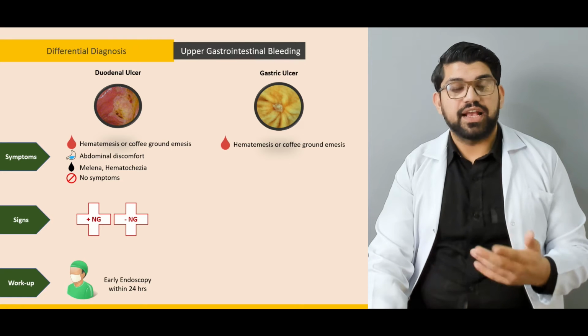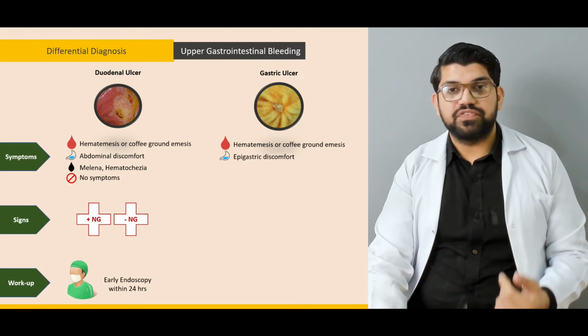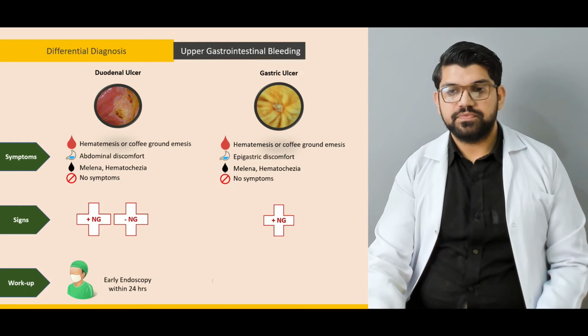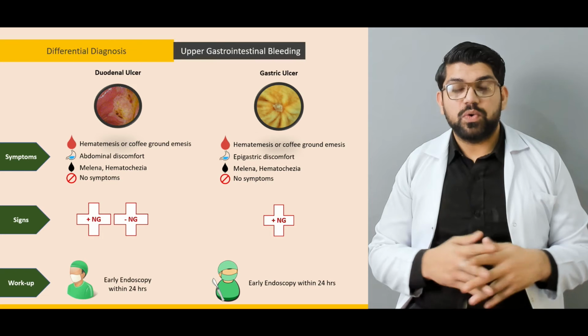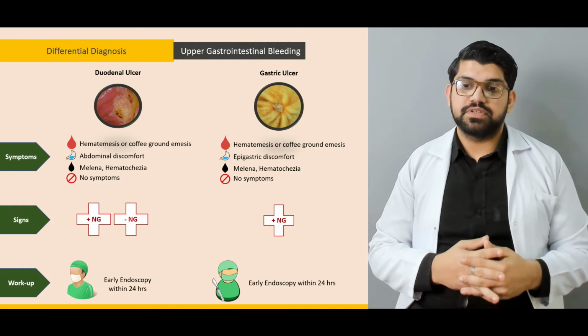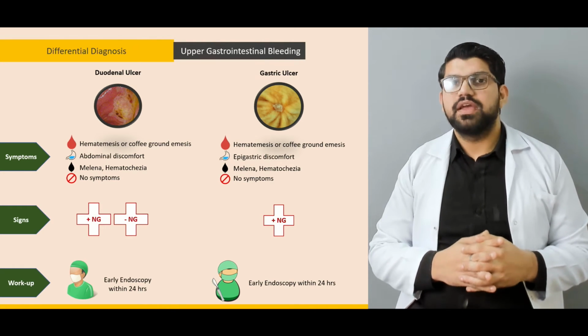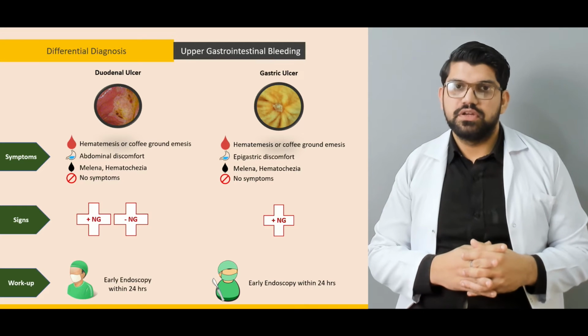Gastric ulcers, again, are related to food intake: hematemesis or coffee ground emesis, epigastric discomfort, melena, hematochezia, or they can present with no symptoms. Nasogastric secretion is most of the time positive in patients with gastric ulcer.